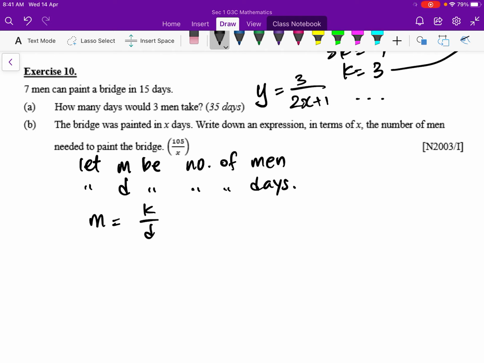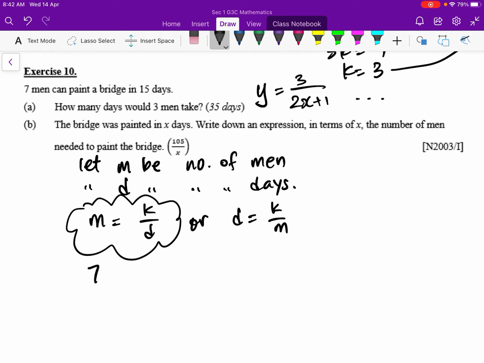You can choose to write D equals to K over M. Up to you which one you like to write, because it doesn't matter. They are still inversely proportional with the same K. They are equivalent to each other. Okay, so I'm just gonna stick with this and put in some values.